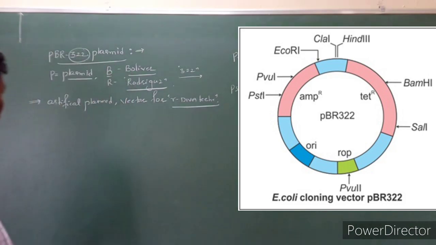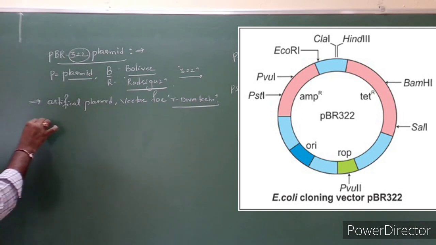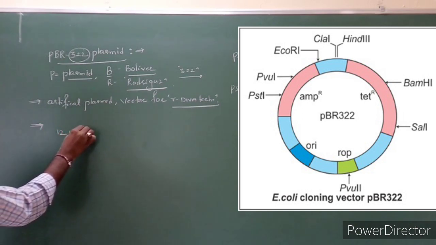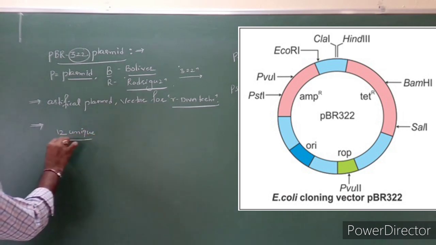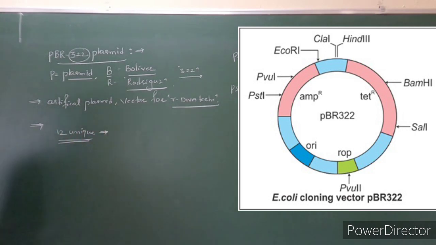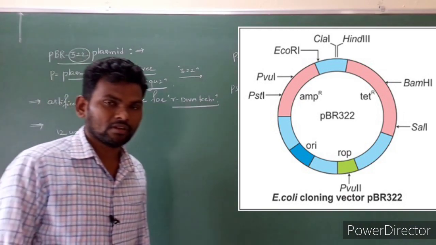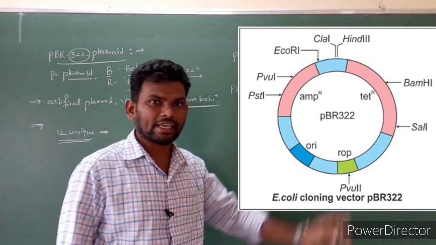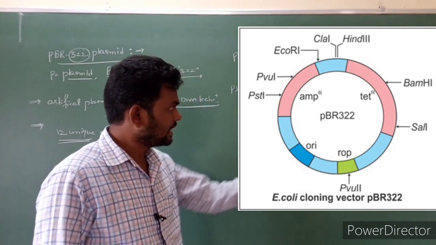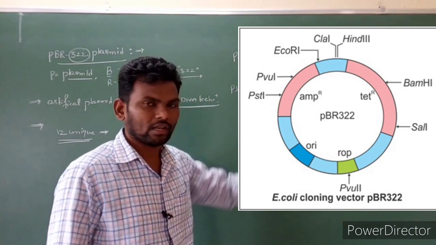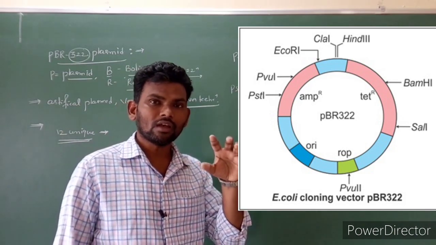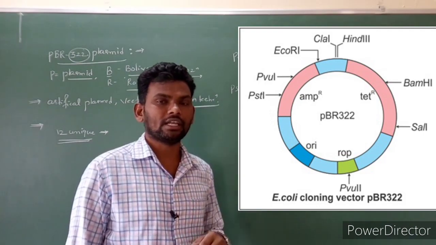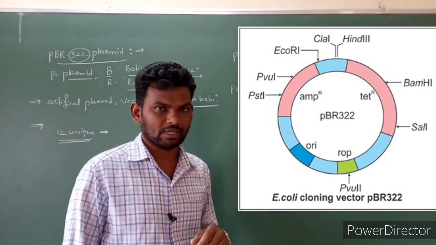In the pBR322 plasmid, we can notice nearly 12 unique sequences. Here the restriction endonuclease sites are 8, and this is 9, 10, 11, and 12. Completely 12 special unique sites we can notice in the pBR322 plasmid.